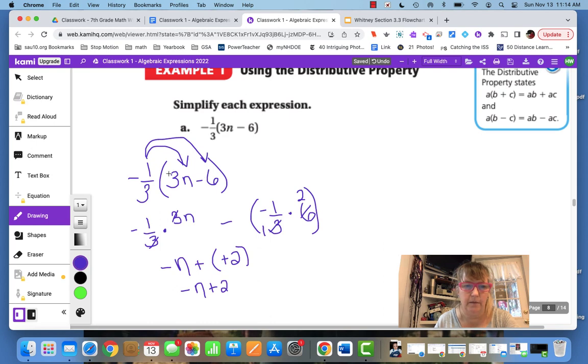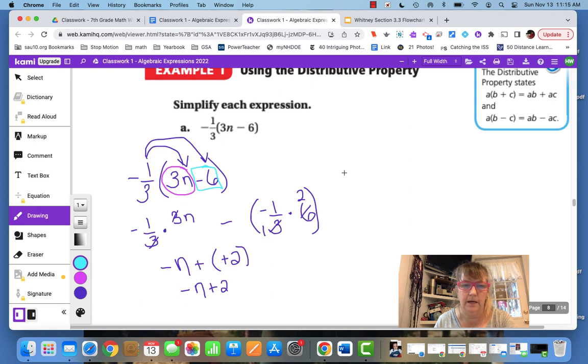If I write it out that way, there are a lot of steps. There's another way to think about this. If I think about the two terms inside of the expression, I have the 3n, and I also have the negative 6. Because I'm multiplying, I can multiply a number times a variable. I couldn't subtract these two together, but I can multiply them. So if I take the negative 1/3 and multiply it by 3n, 3 divided by 3 is 1.